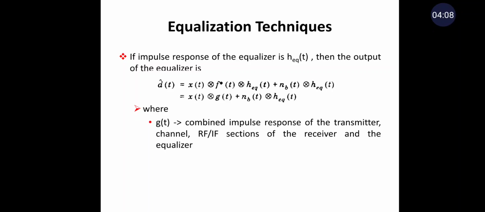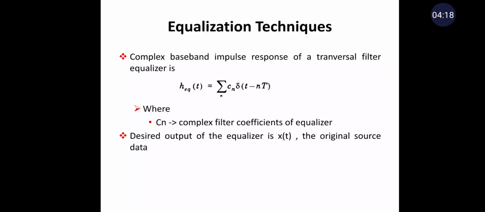In this equation we have g(t), which is the combined impulse response of the transmitter, channel, RF/IF section of the receiver and the equalizer. So this expression indicates the complex baseband impulse response of a transversal filter equalizer. Here the parameter Cn is the complex filter coefficients of the equalizer.